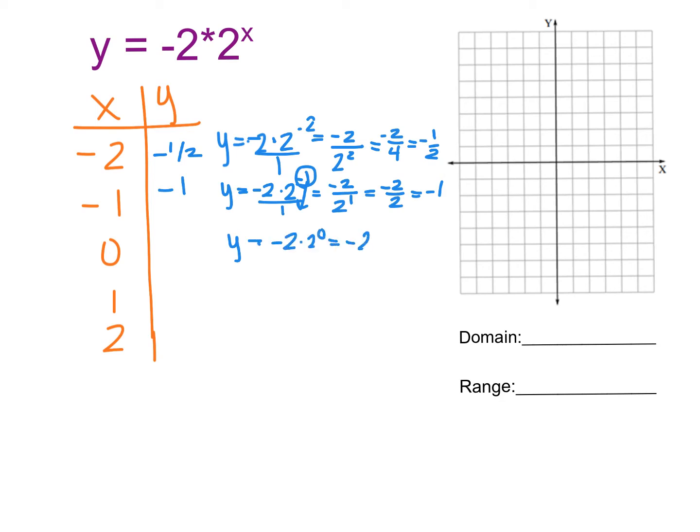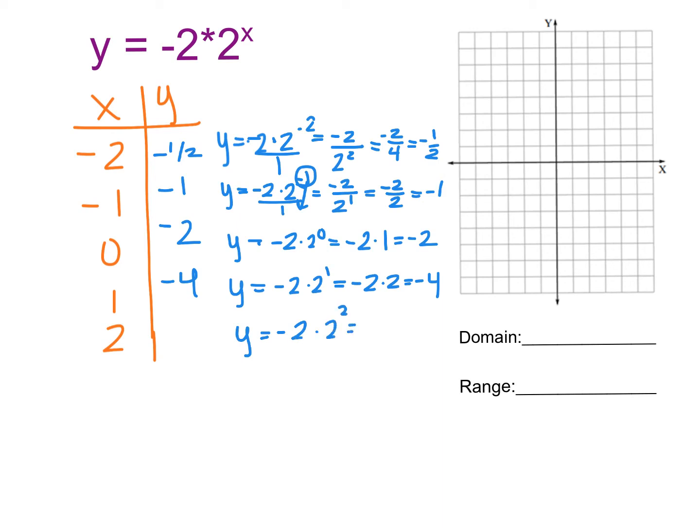Well, I remember anything to the power of 0 is just 1, so that's -2. Y equals -2 times 2 to the 1st, so that's -2 times 2, which is -4. And then y equals -2 times 2 squared, -2 times 4, which is -8.